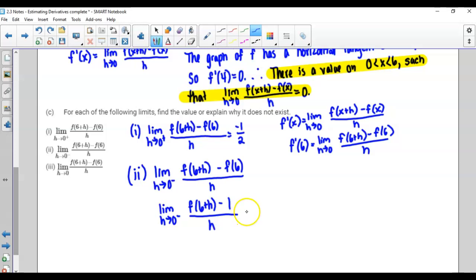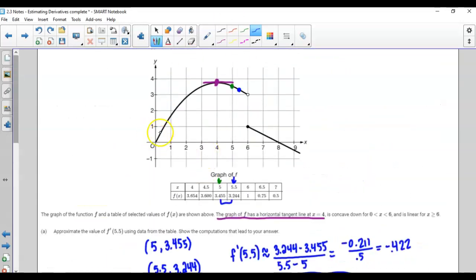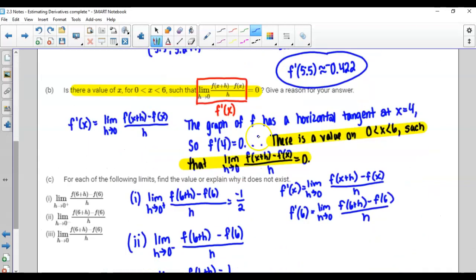And if we're approaching 0 from the left, then h would be -2 and -1 and -1/2. And so we're approaching from the left-hand side here, and as we approach from the left, our value approaches 3, but doesn't quite get there, but approaches 3.